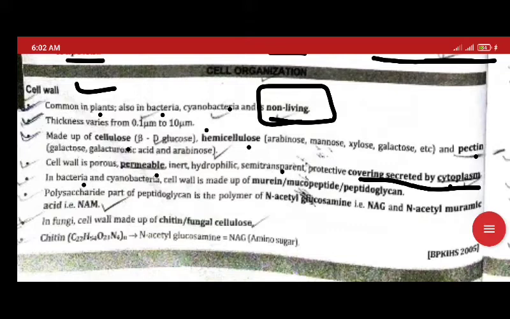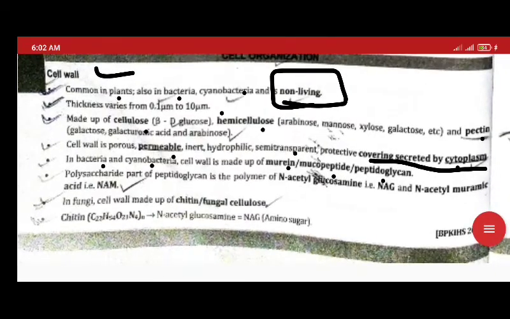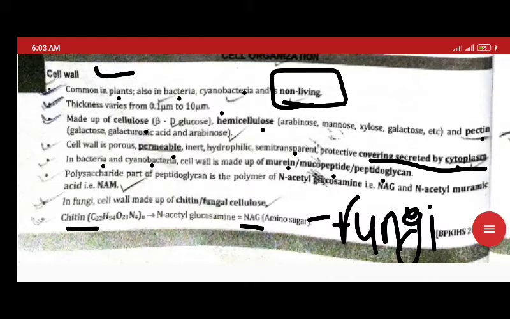Now in bacteria and cyanobacteria, cell wall is made up of murein, peptidoglycan or mucopeptide, and polysaccharide containing NAG. Chitin is present in fungi. This is present in what? Fungi. Here given fungi, chitin, cellulose.